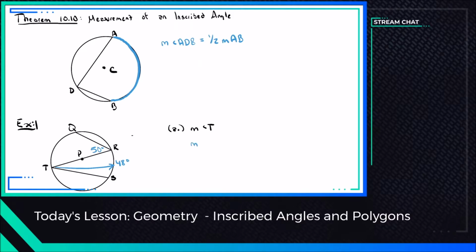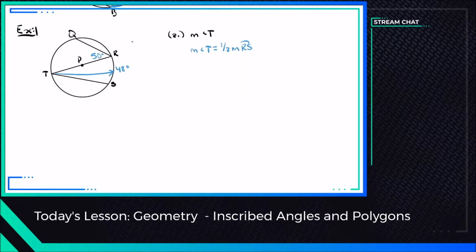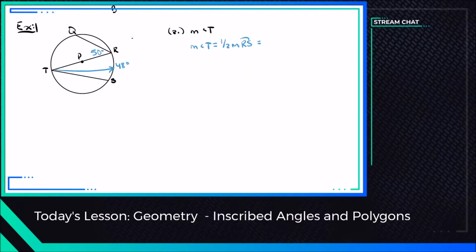So the measure of angle T is going to equal 1/2 the measurement of arc RS, which is 1/2 of 48 degrees, or the measurement of angle T is equal to 24 degrees.